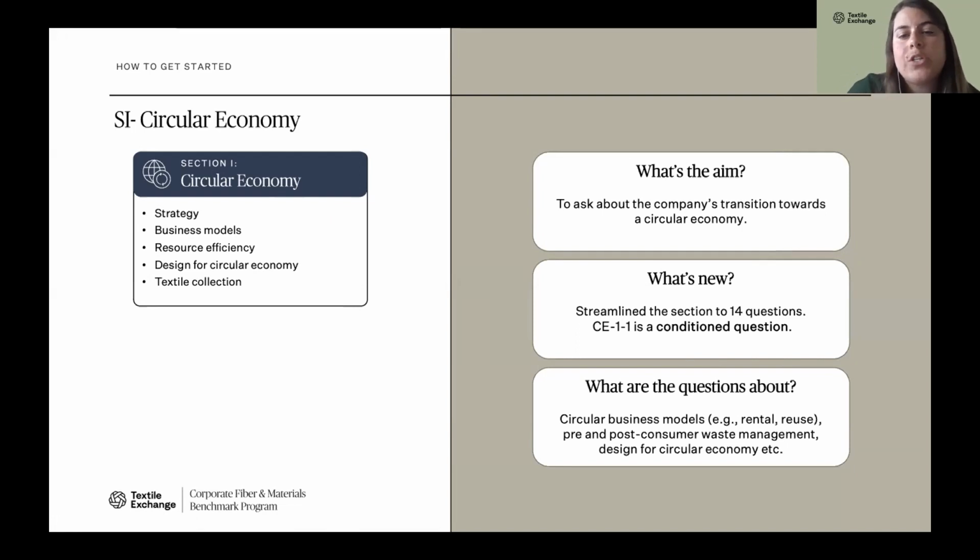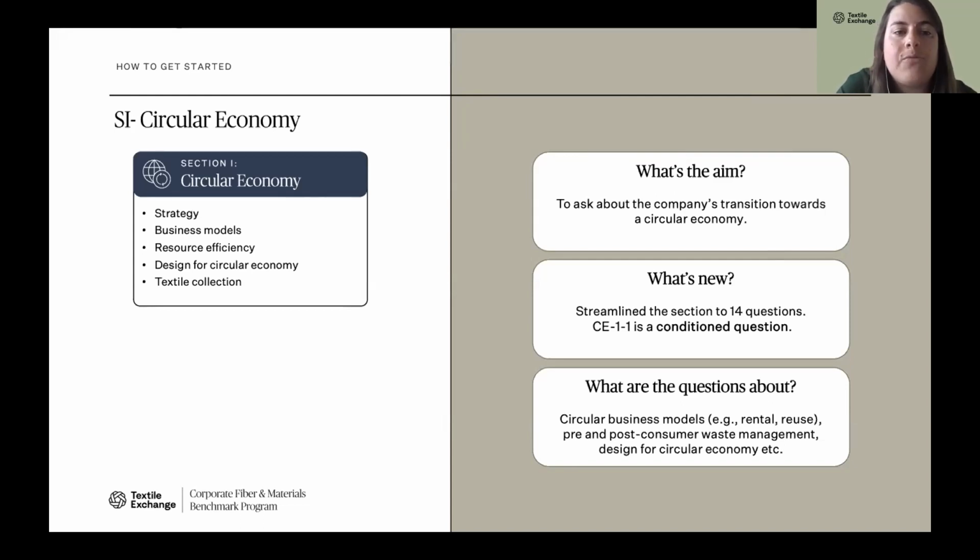What's new in this section? Again, we streamlined it. So we reduced the number of questions compared to the previous year, and we got 14 questions. And again, the first question of this section is conditioned. That means that the answer options selected here will show only specific questions.